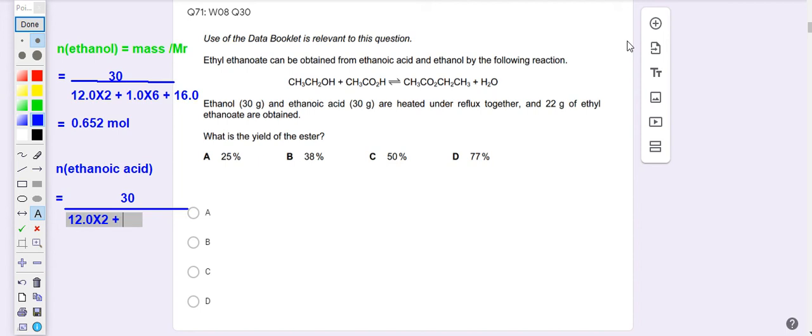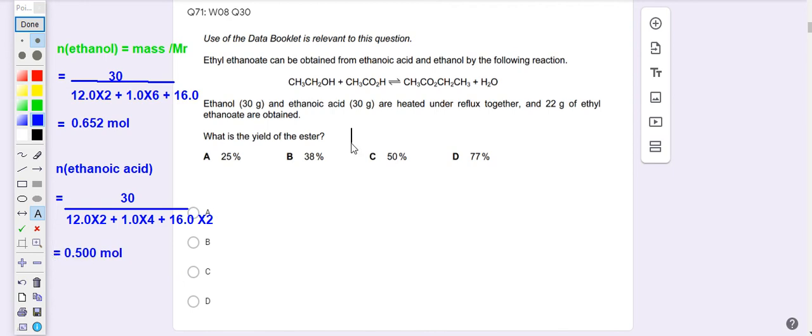How many hydrogen? 4 hydrogen this time. And carboxylic acid has 2 oxygen. Okay, 0.5 mole.